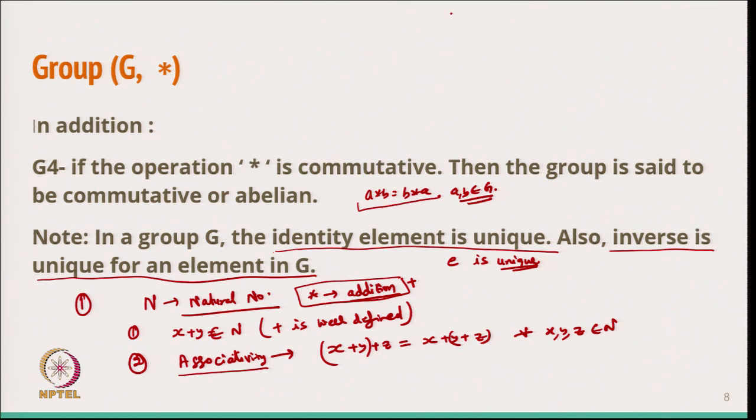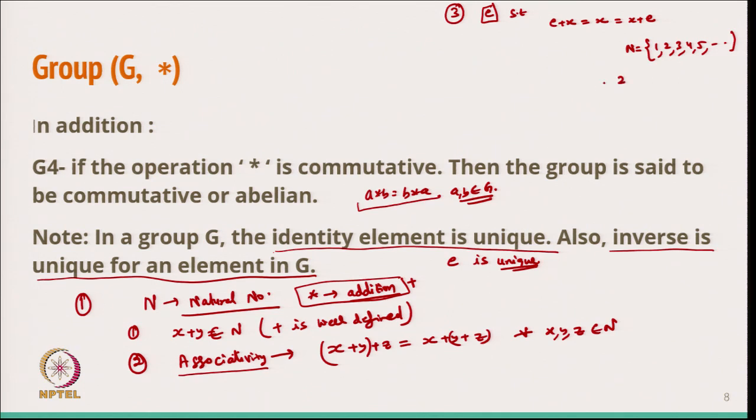Now, the main thing is the third property. We have to choose the element E such that if I take E plus x, then I get x, and that should be equal to x plus E. So, in the natural numbers I have to have one number E such that this is satisfied. Now, the natural numbers start from 1, 2, 3, 4, 5 and so on.